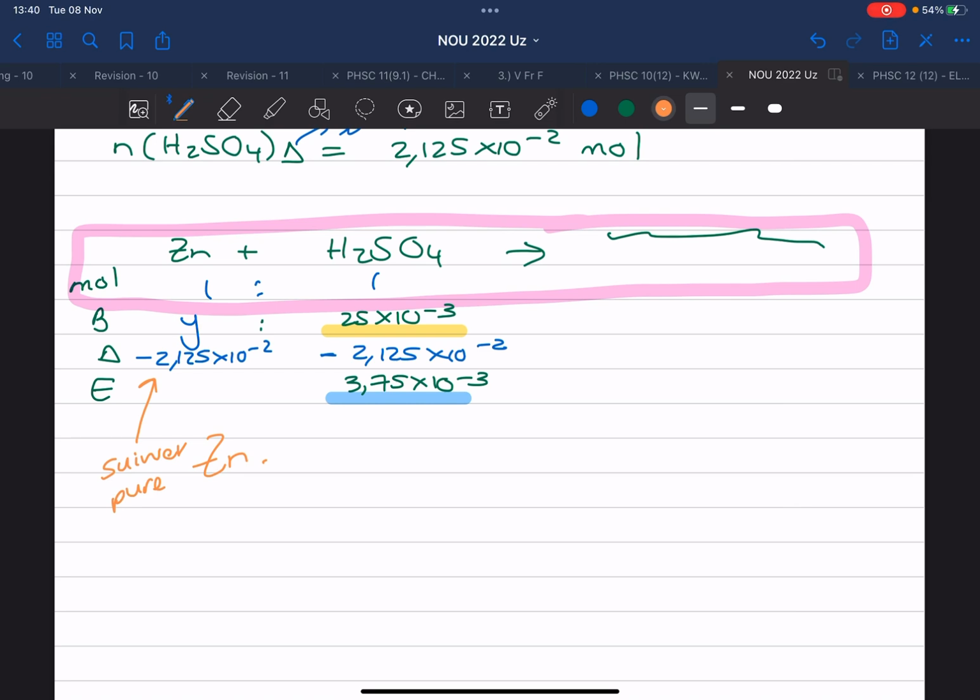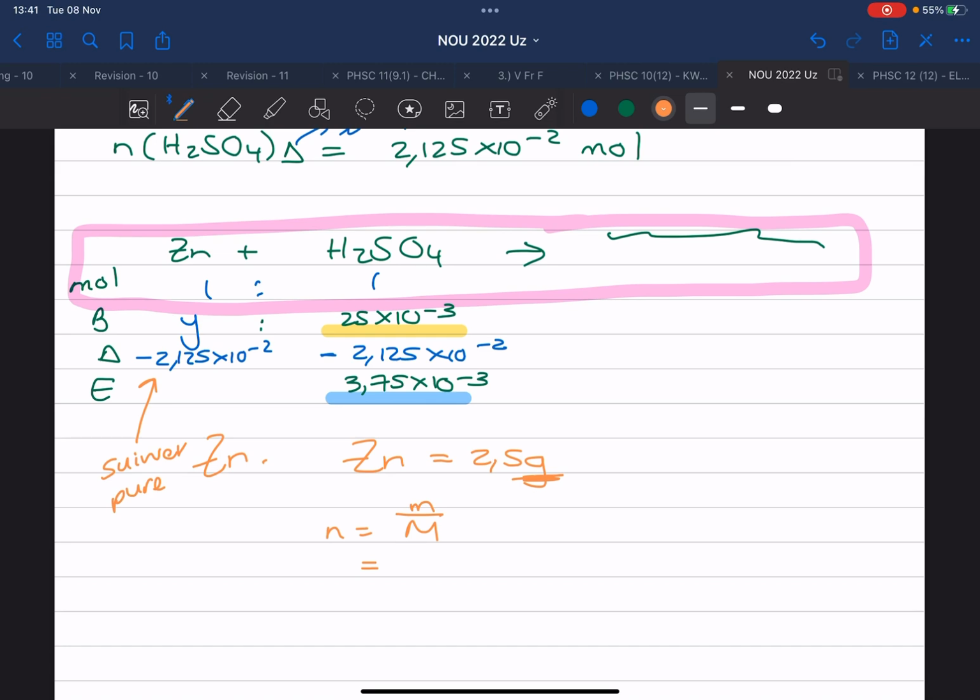They want to know what percentage impurities do we have in zinc. So if that is pure, we must get to impure. Okay. Hulle sê vir jou die totale onsuiwer sink se massa was 2,5 grams. That which we have here is mole. So I must convert the moles into grams. Okay, so ek gaan sê goed, mol is massa oor molêre massa.